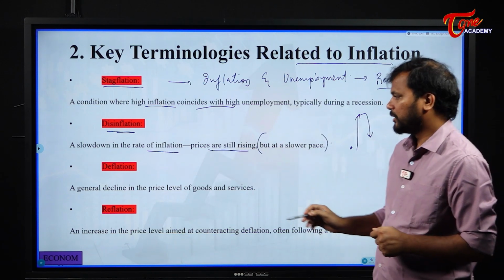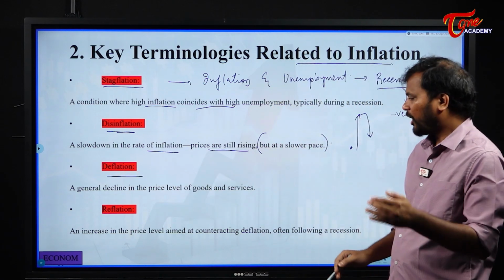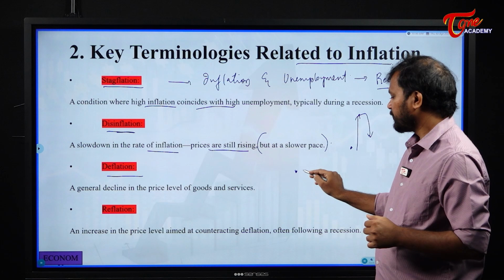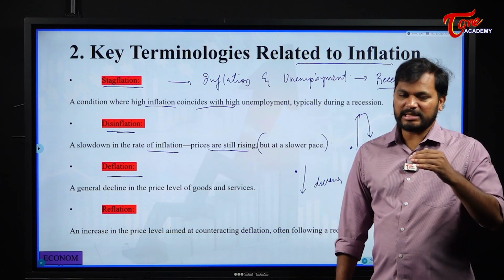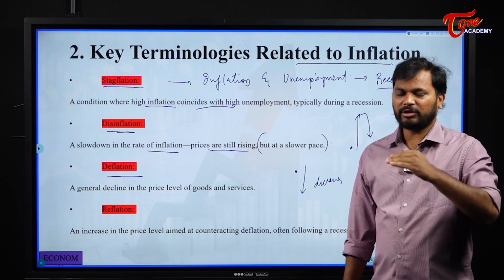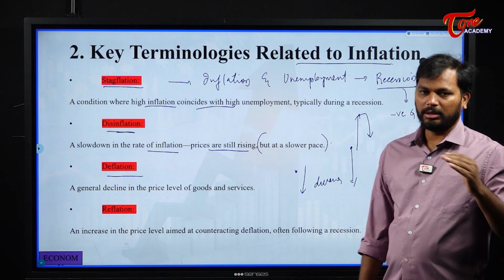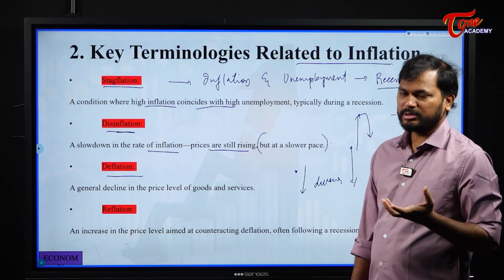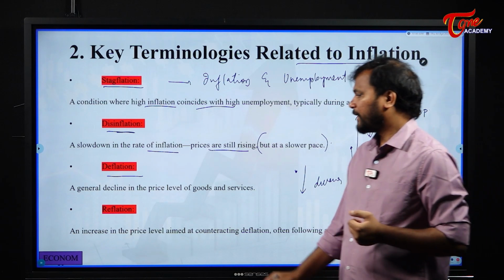Clear? Next, deflation. Deflation is nothing but, on a first-hand basis, the prices directly decrease. If the prices increase and then decrease, that is disinflation, and if, without increasing, the prices directly decrease from the normal optimum level, then that is what is called deflation.